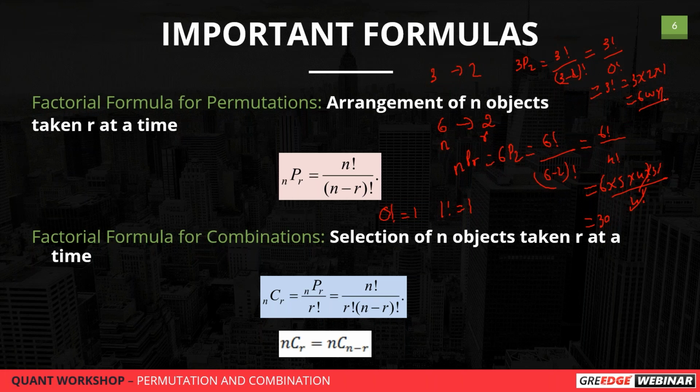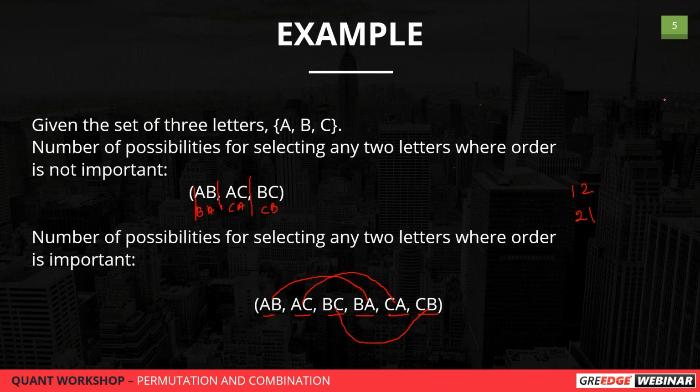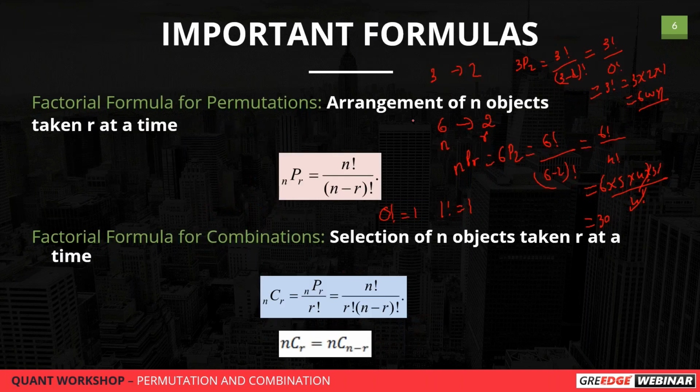Similarly, if you have 6 objects and choose 2, that can be arranged in 30 ways. Clear, everyone? Now, factorial: the formula for n factorial is that we multiply n by descending order, n into n minus 1 into n minus 2, and so on up to 1.